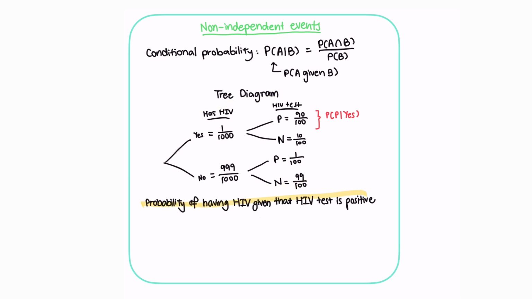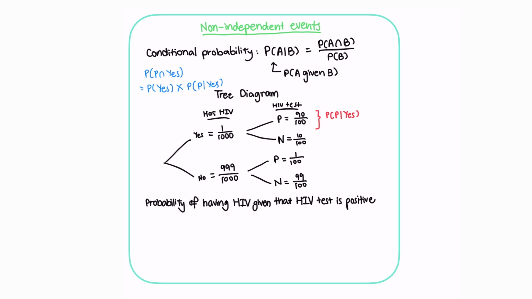Before we do this question over here, let's do something simpler. What is the probability of a person having HIV and testing positive for the HIV test? So using this formula over here, I can write that the probability of a person both testing positive and actually having HIV, which can be written in this notation over here, will be equal to the probability of a person actually having HIV multiplied by the probability of the person testing positive given that he does have HIV.